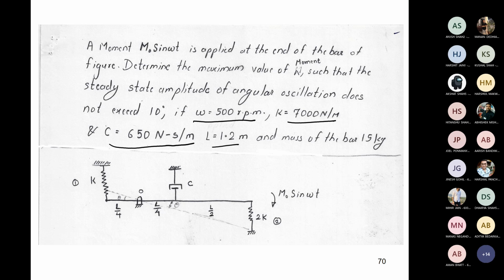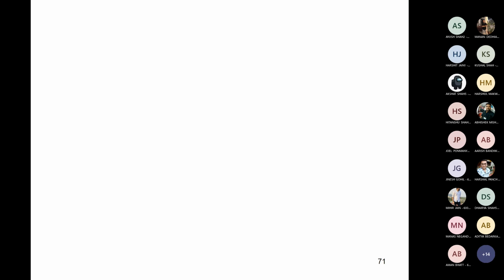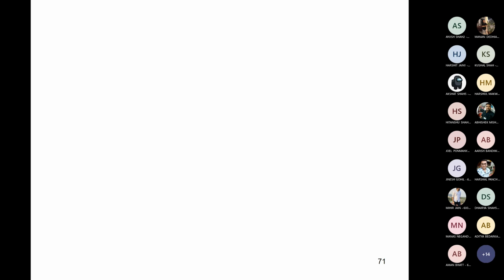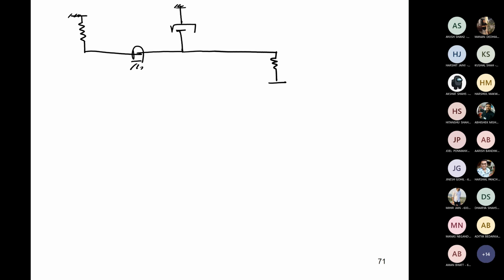Okay. So let's now calculate things one by one. Let's have this diagram. Just going to quickly draw this diagram over here. Let's just pivot over here.